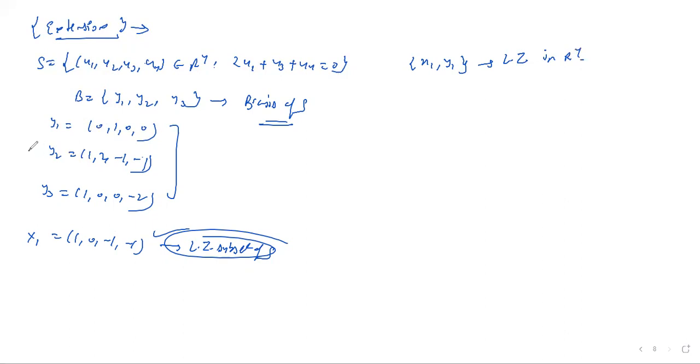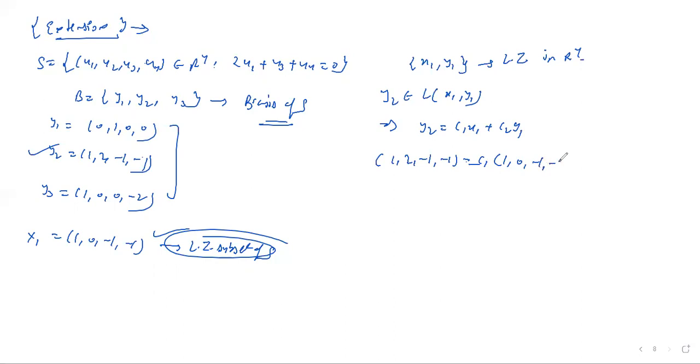Now let's check whether y2 is linearly independent of these or will form a linear combination. Whether y2 is spanned by the vectors x1, y1: y2 = c1 x1 + c2 y1, which gives (1, 2, -1, -1) = c1 (1, 0, -1, -1) + c2 (0, 1, 0, 0).